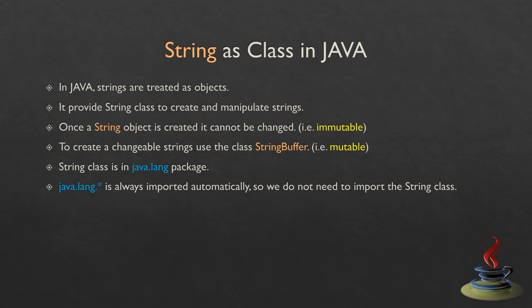Then the next point is the String class is in the java.lang package. All of you know that the java.lang package is always imported automatically, right? So we do not need to import the String class.